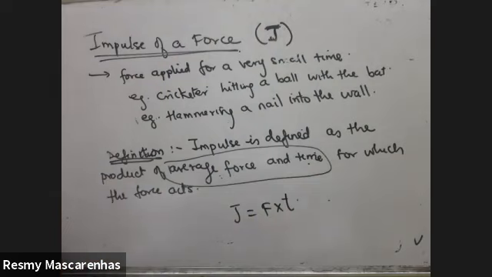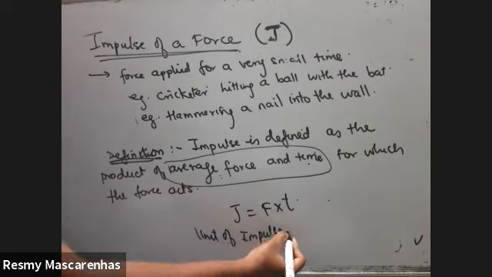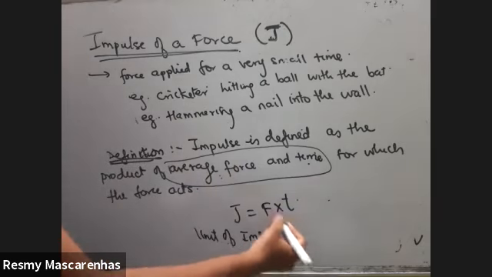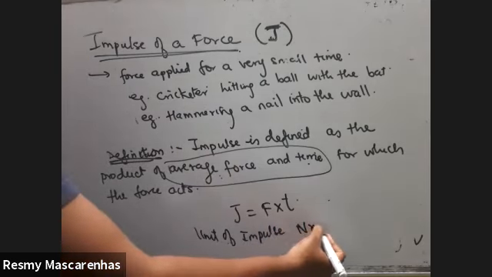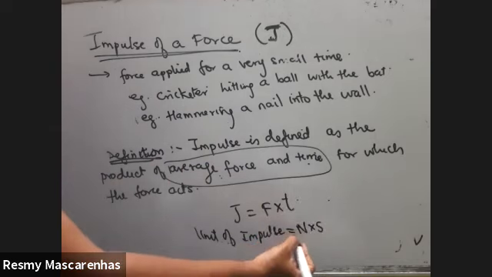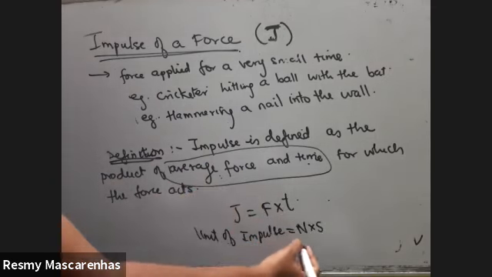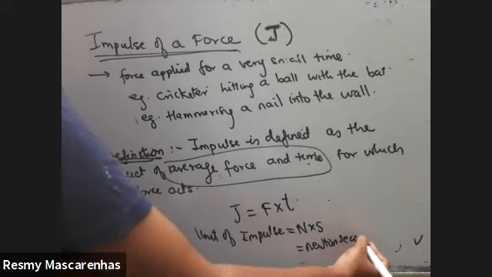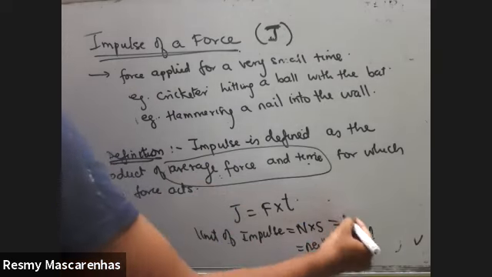So J is F into t. The unit: force is Newton and time is seconds, so Newton second, NS, is the unit.